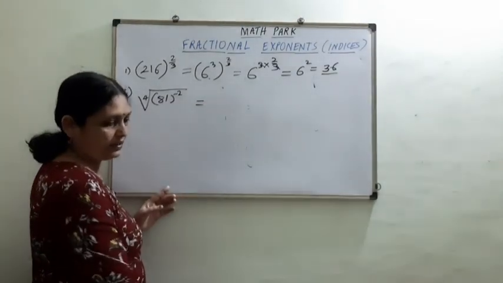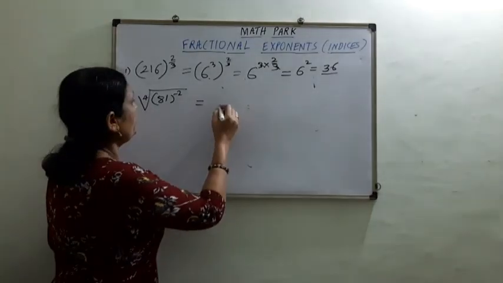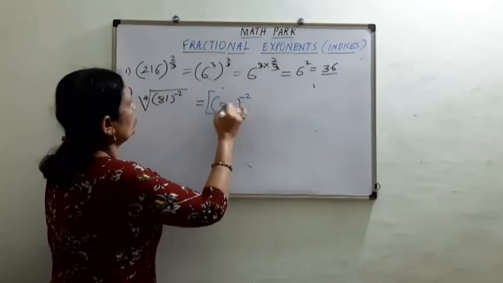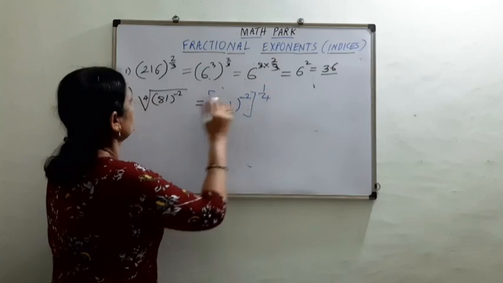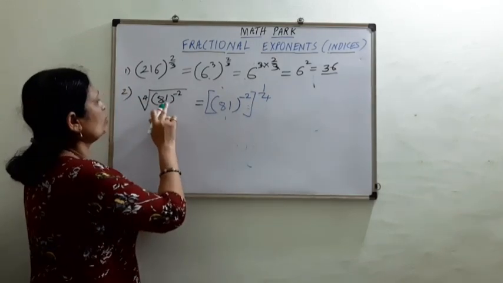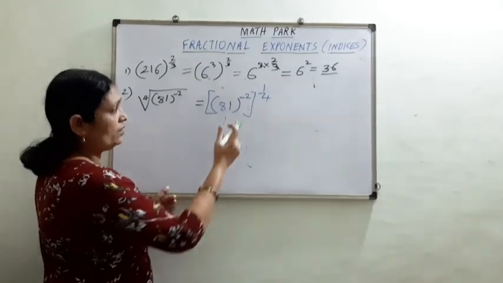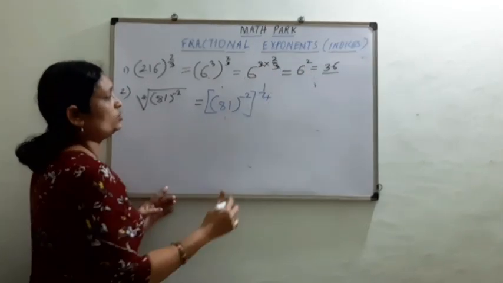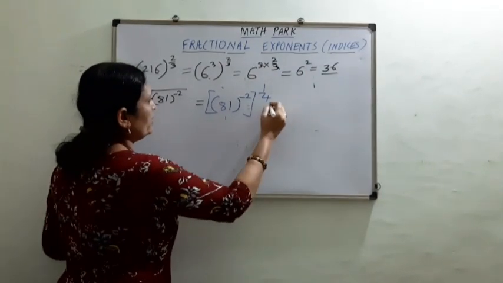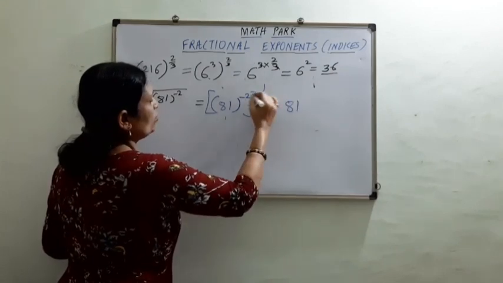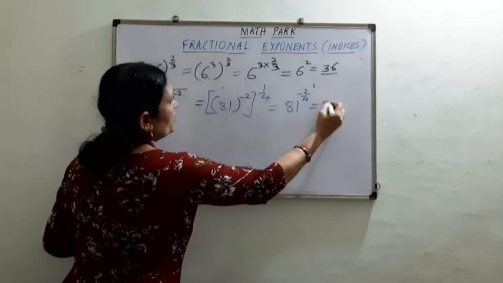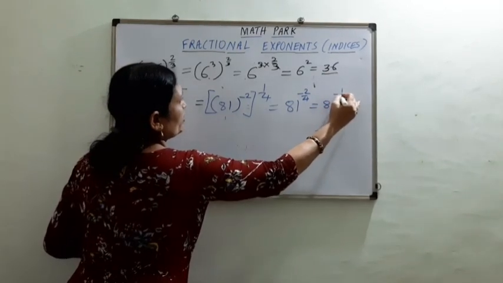So, we first write this as 81 raised to minus 2 and this whole raised to 1 by 4, because it is 4th root of 81 raised to minus 2. Now, using the law again a raised to m raised to n is equal to a raised to mn, we get this as 81 raised to minus 2 by 4, which is 81 raised to minus 1 upon 2 when we simplify.